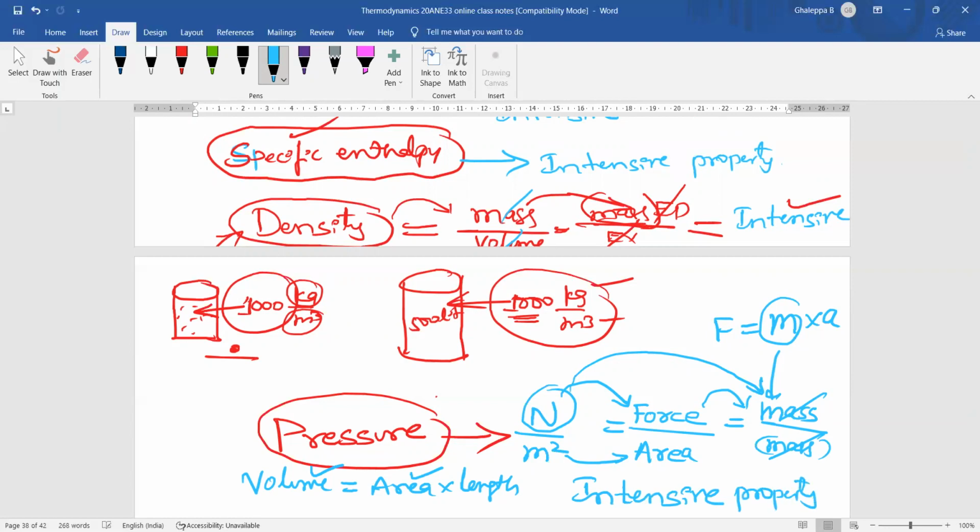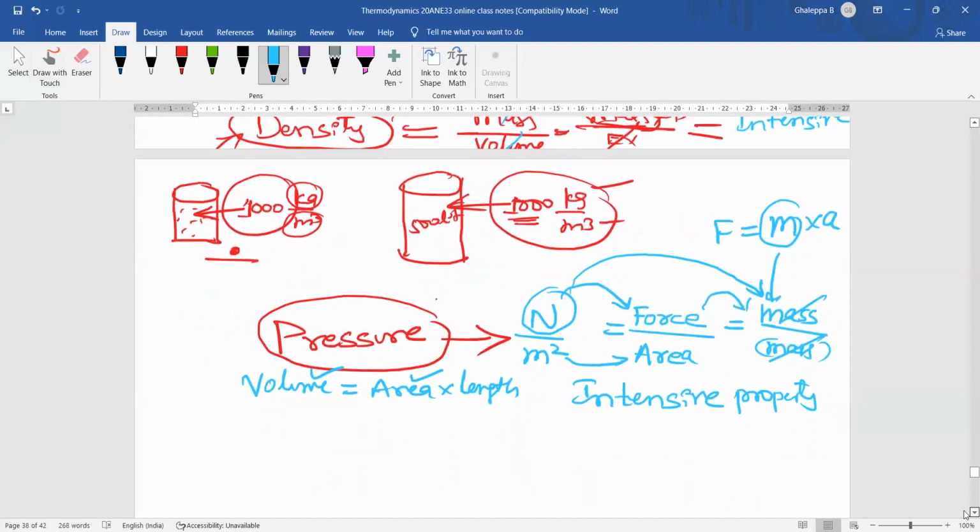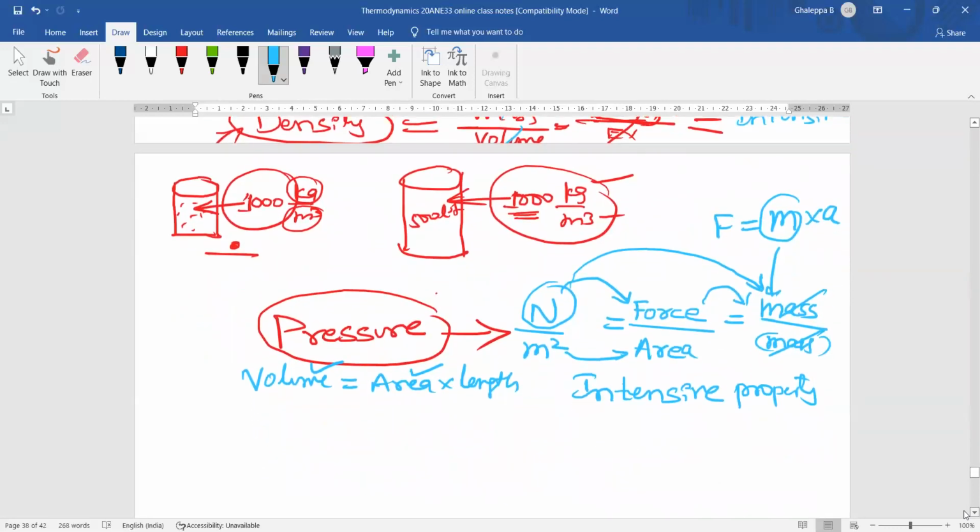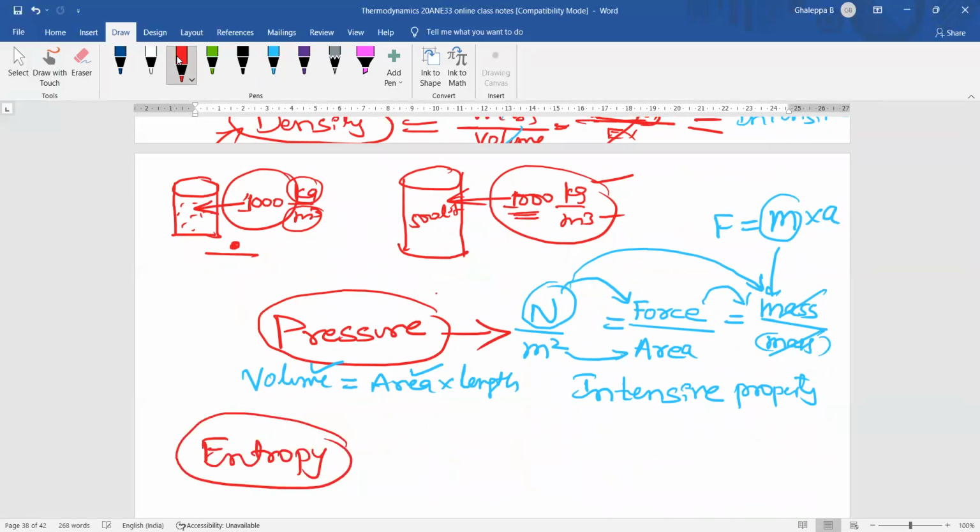Okay, you have to be careful in deciding whether it is intensive or extensive. First you write the formula and analyze it, then it will become easy. Similarly, one more I will write, entropy. I will write only entropy, not specific entropy. Entropy is an extensive property, because there is no word specific.